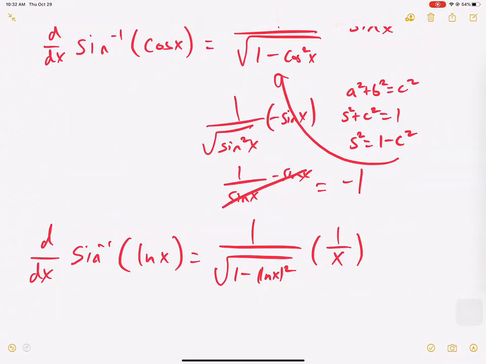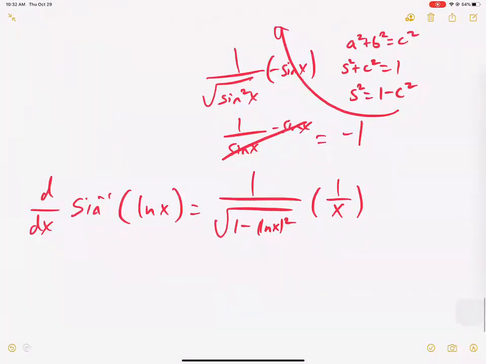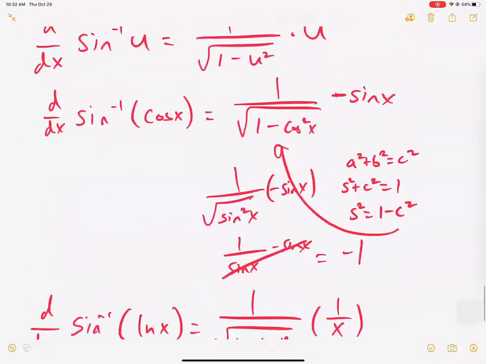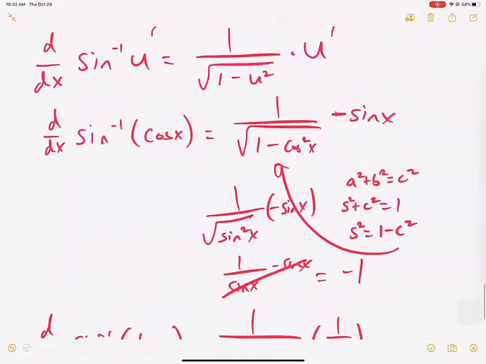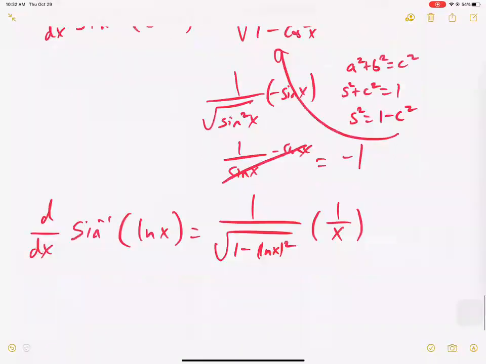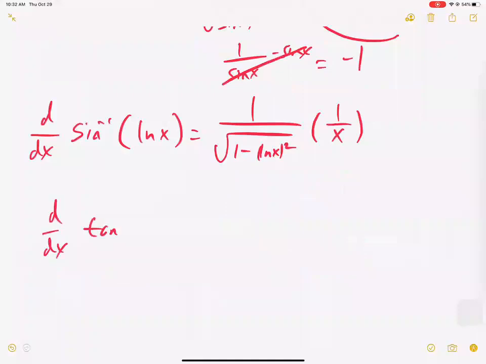Okay. So hopefully you guys find it fairly simple. If I go ahead and do d over dx, let's do tangent inverse of x squared. Just copy the rule. Let's see if you guys can do it.